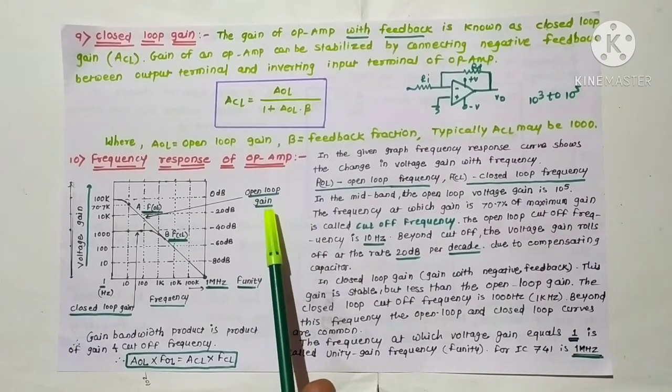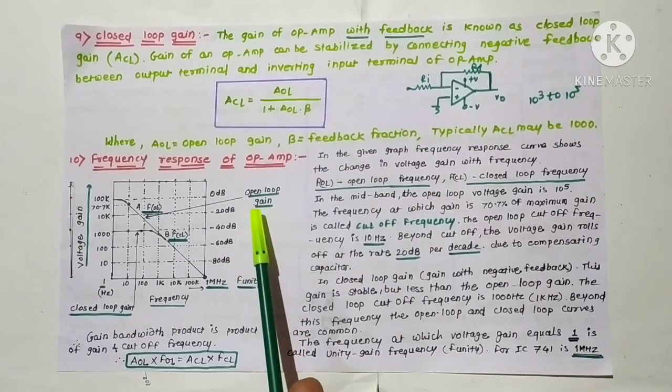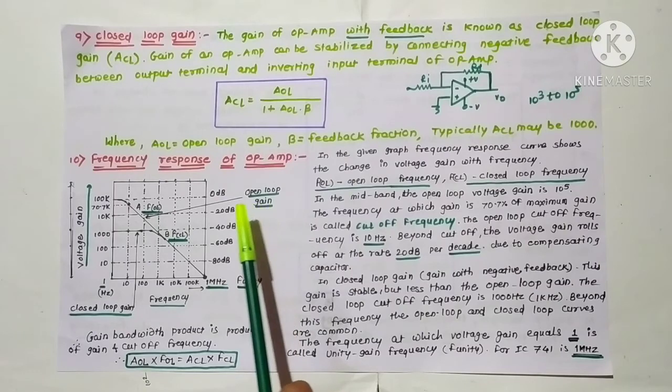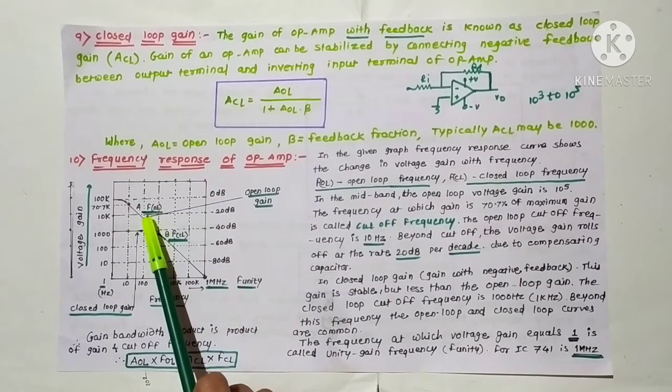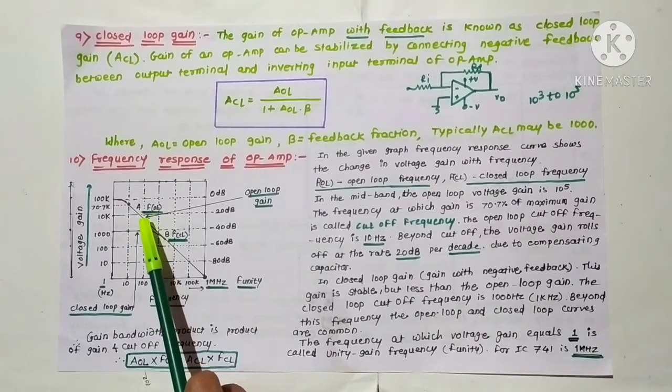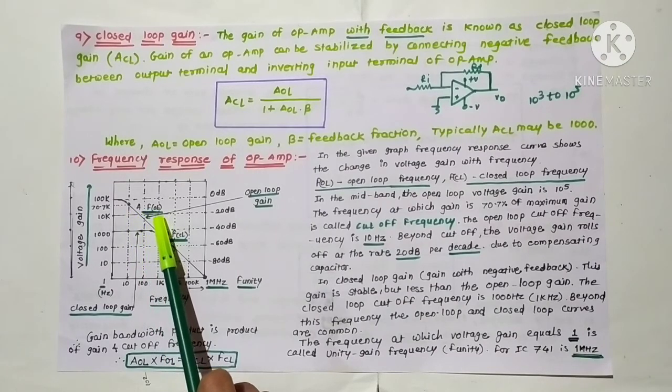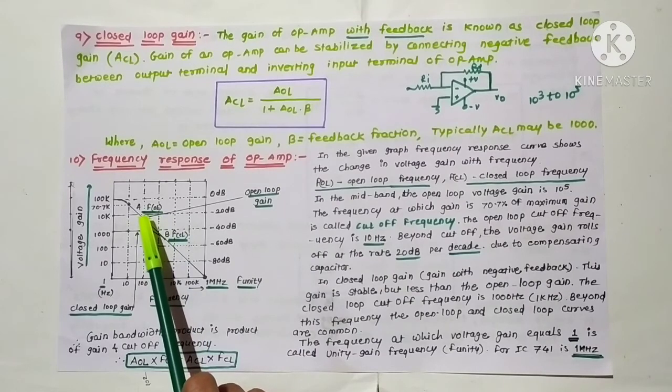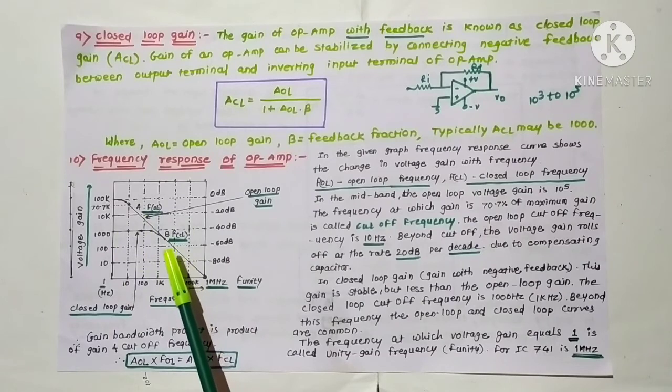Means there is no feedback applied in the circuit. At that time the gain is called open loop gain. And the frequency here at point A is denoted here FOL. OL stands for open loop and F for frequency. So this is the frequency in open loop gain. In a similar way, FCL is the frequency in closed loop.